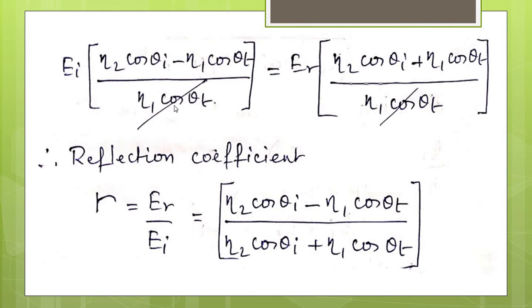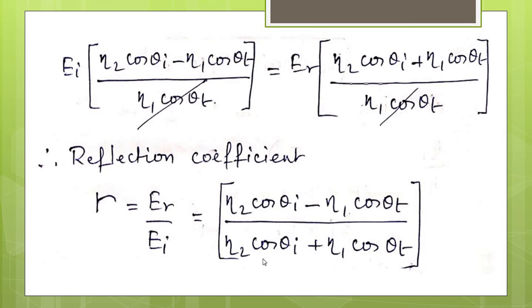So you can cancel the denominator terms here. Therefore the reflection coefficient is equal to Er by Ei. Take Ei this side and this whole term goes this side. Therefore this is the equation for the reflection coefficient: eta 2 cos theta I minus eta 1 cos theta T by eta 2 cos theta I plus eta 1 cos theta T.